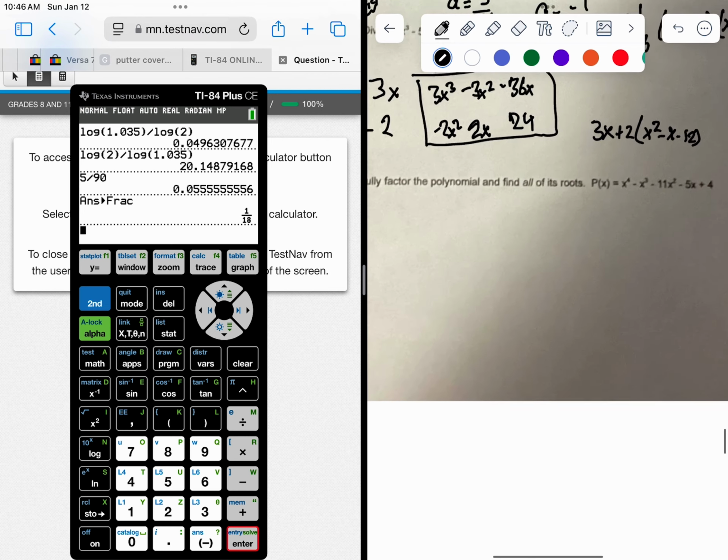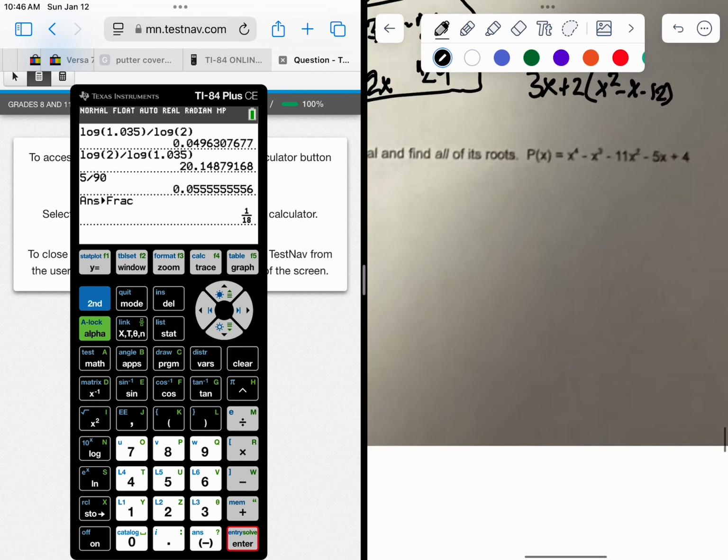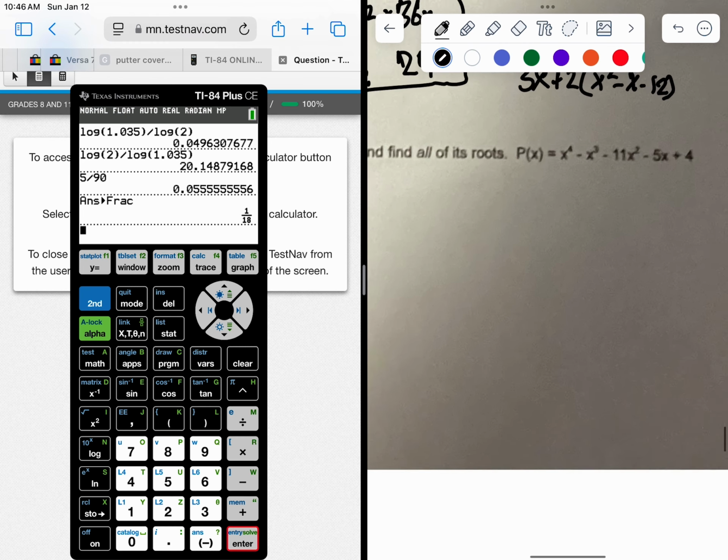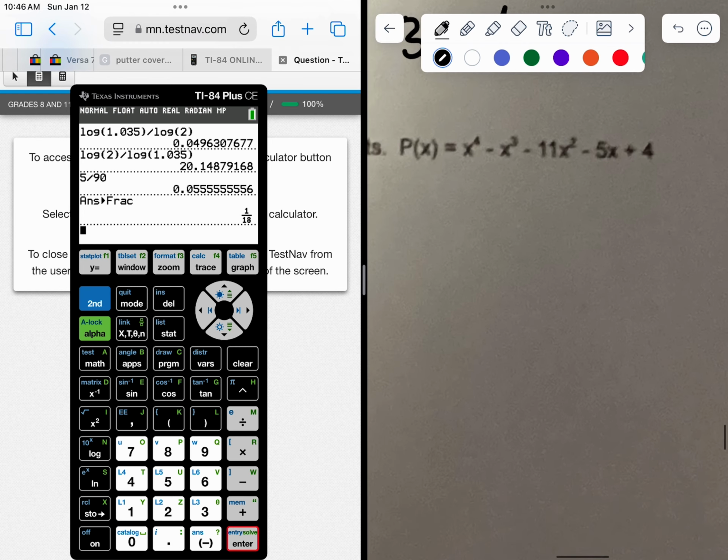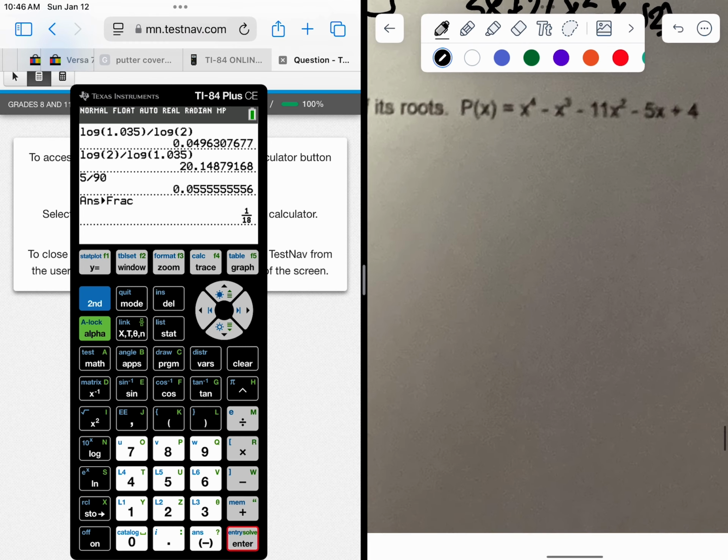Fully factor the polynomial. Find all its roots. So I'm gonna take this, boom, boom, and find the factor.